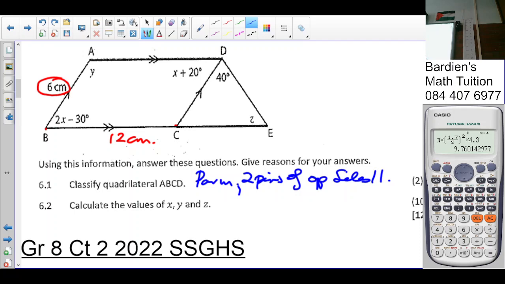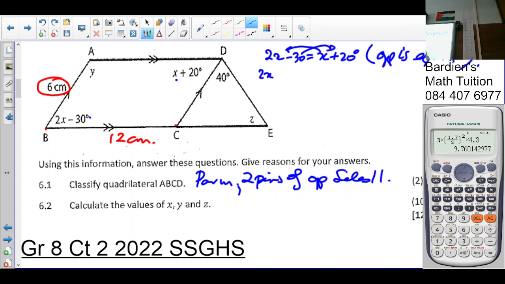Next, calculate the value of x, y and z. So of course opposite angles are equal. So we got 2x minus 30 is equal to x plus 20. Why? Because opposite angles equal in a parallelogram. So you solve for x.